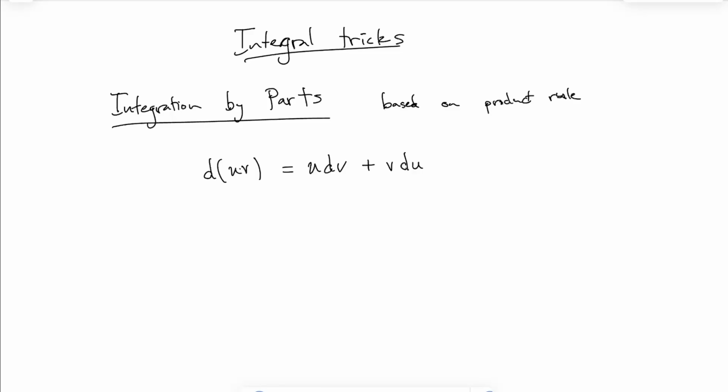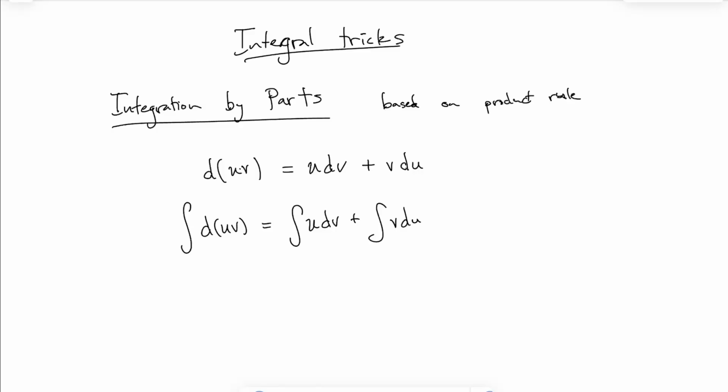All right. And now from here, we are going to just take the integral of everything on both sides. If we integrate everywhere, the left side says integral of d of uv, and the right side says integral u dv plus integral v du.